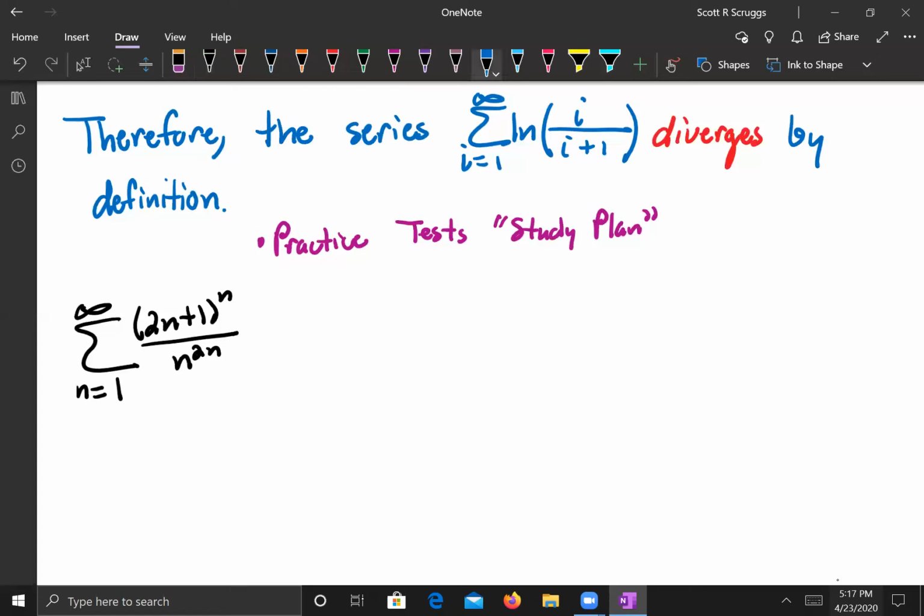Alrighty. So before I start out with the solution, what tests do you think I should use in order to check for convergence or divergence of the series? So Anthony says root test.